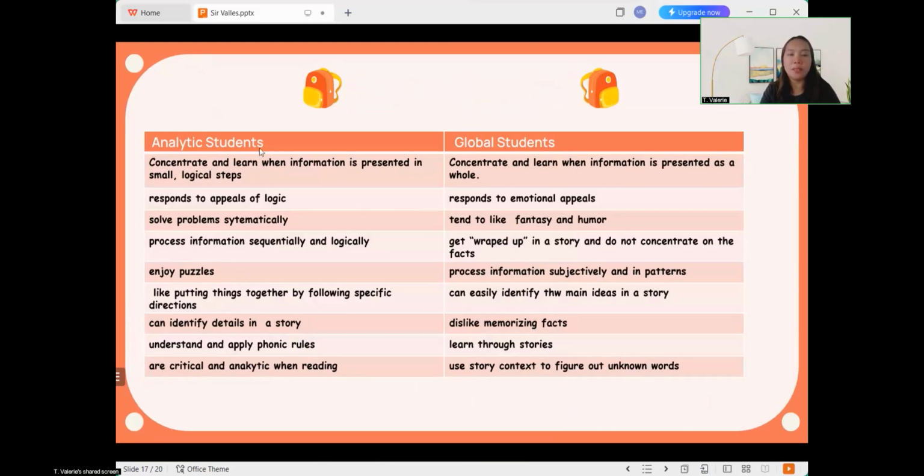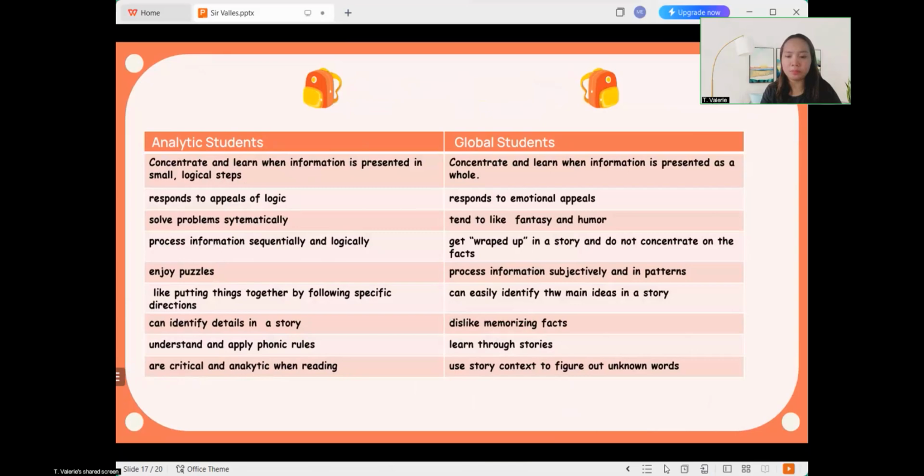Meaning the analytic students are more logical than the global students. Analytic students examine the text thoroughly and research things first before they do something.